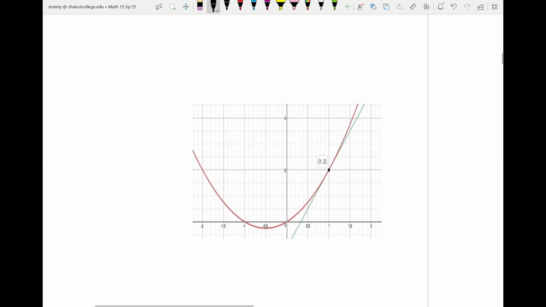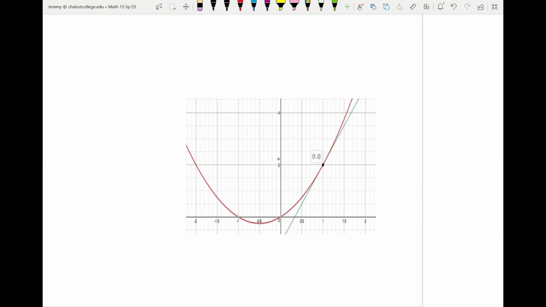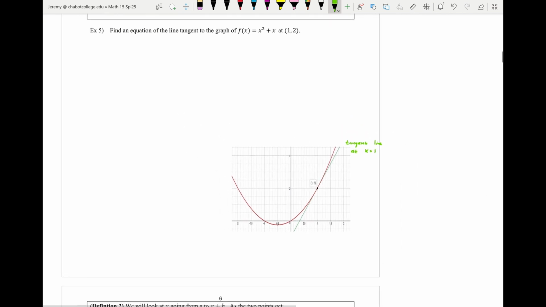Down here looking at the picture, there's the graph f, that's a parabola, and we want to find the equation of this green line. This green line here is the tangent line at x equals 1, or at that ordered pair 1, 2. So we want to find the equation of that line.